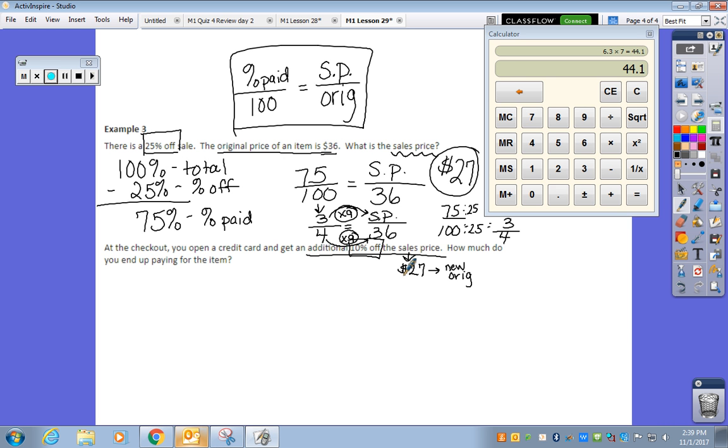So I'm going to start in the same way I did the previous part of this problem. I'm going to take 100%, which is my total. I'm going to take off that 10% and see that I'm paying 90%.